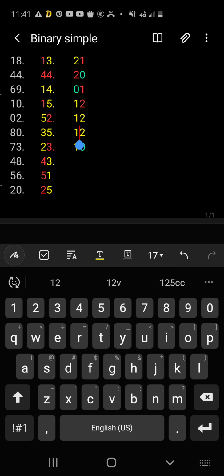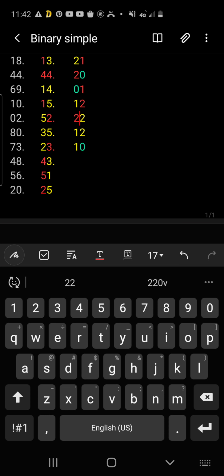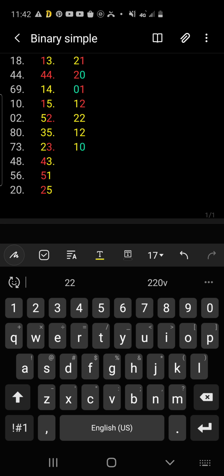5 to the 3. 1 to the 5 is 1. 5 to the 2 is plus 2. 5 to the 3. That is 2. So it's a yellow 2. Got distracted, y'all. 2 to the 5 is negative 2.